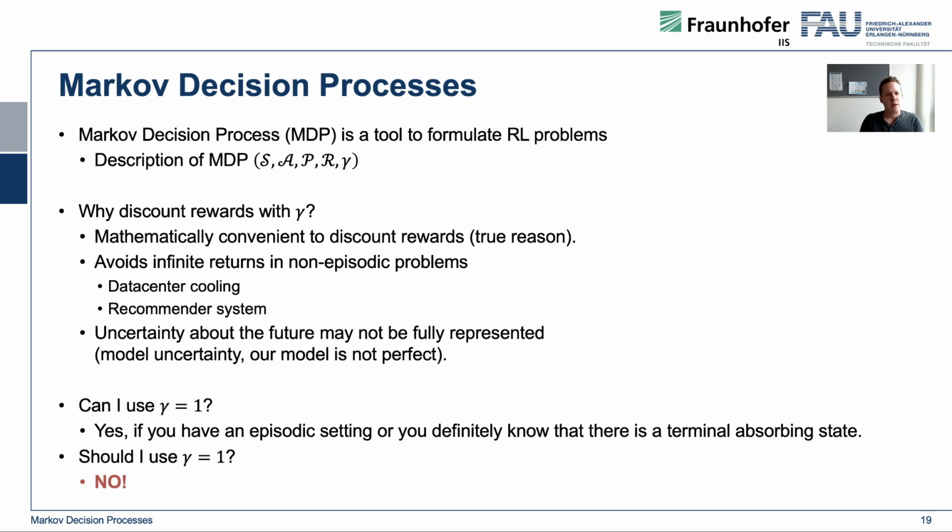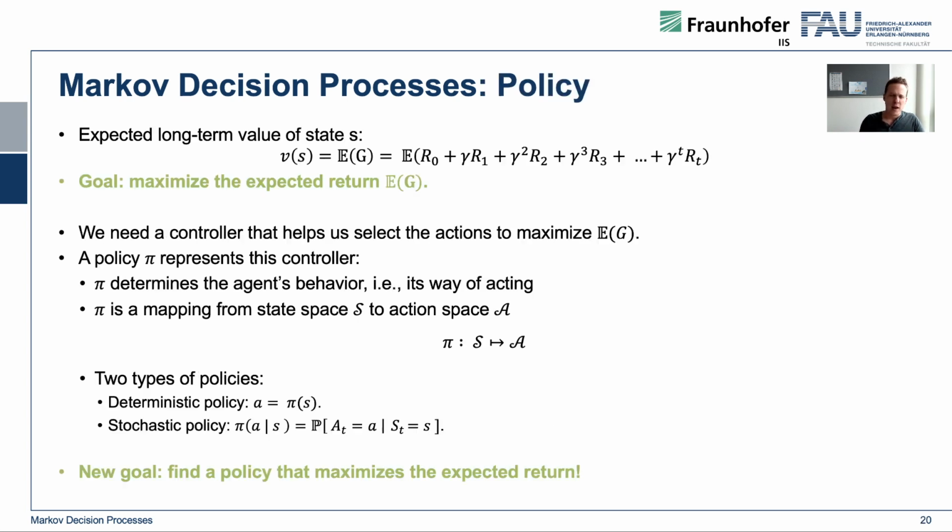Okay. Now having all those elements in our MDP and having the discount factor, the question is, how does it help us to actually solve the MDP? We always talked about solving an MDP, and what does solving an MDP actually mean? What we are interested in is to get a good understanding of the expected long-term value that we can expect starting from some state S. And this is the formula that we also had in the beginning.